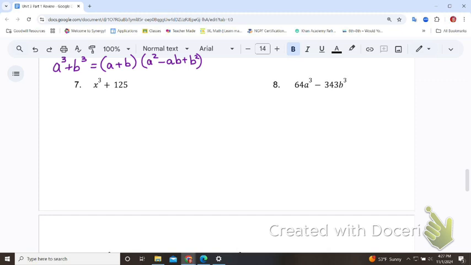And very similar, if it is the difference, that means there's a subtraction in the middle at first. So the little one, the sign matches. And the big one, still a squared and b squared. And then the combination term that's in the middle is the opposite.